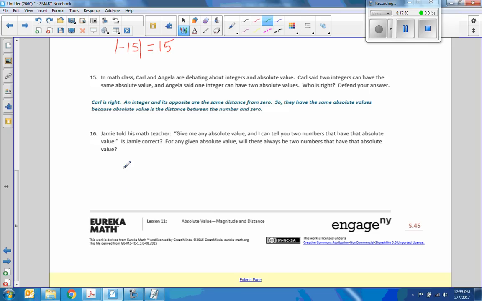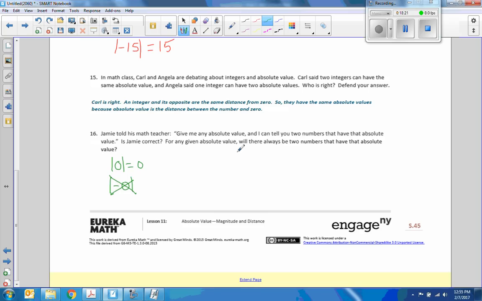Trick question. If I take the absolute value of 0, it is 0. There is no such thing as -0. So 0 only has one value that's equal. If you are at a location, your distance from that location is 0. You're there. It's not -0.